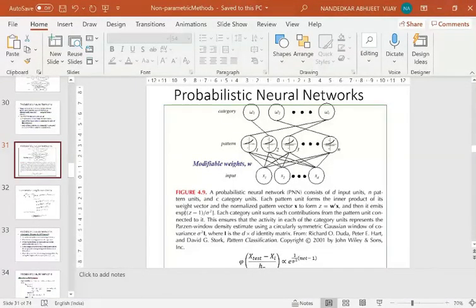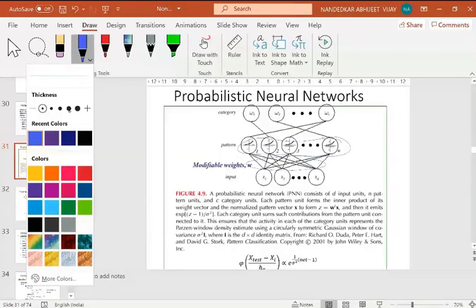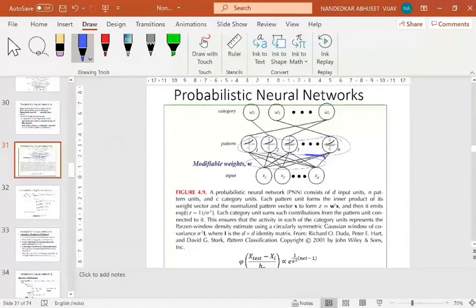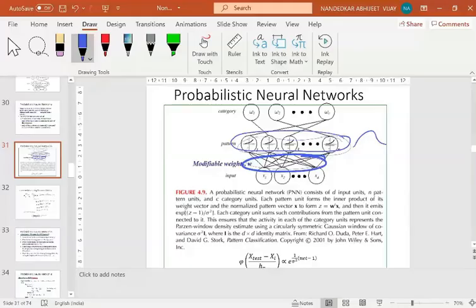The basic concept was you will be provided training samples and they will be residing here as weights of this network, and you will have activation functions which are like normal distribution function with center at xi and x test is your input.